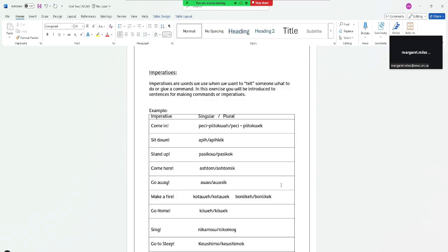They are words we use when we want to tell someone what to do or give a command. In this exercise, we will look at this chart. We are going to do singular and plural.